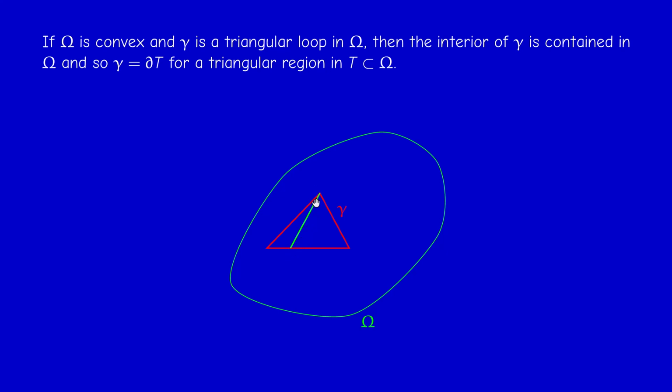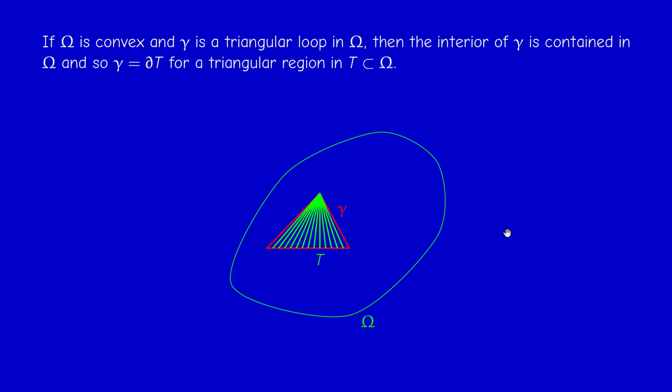If the triangular loop is contained in the domain and the domain is convex, we have two points in the domain, one vertex and the point on the opposite side. So convexity tells me that the whole straight line segment joining these two points is totally in omega. And if I repeat that for other points, I cover the whole triangular region. So the interior of a triangular loop in a convex domain is contained in the domain.